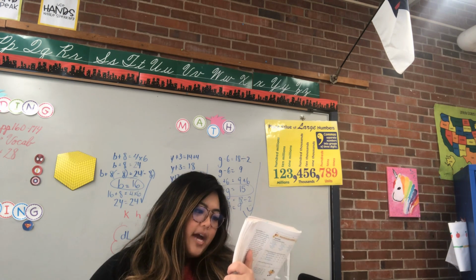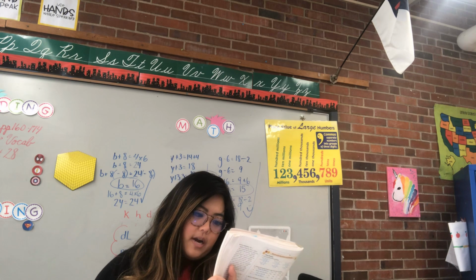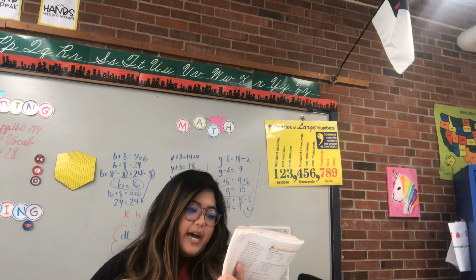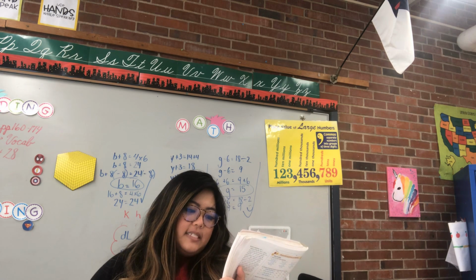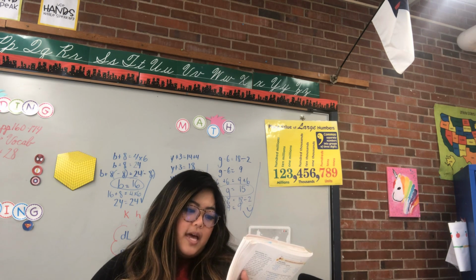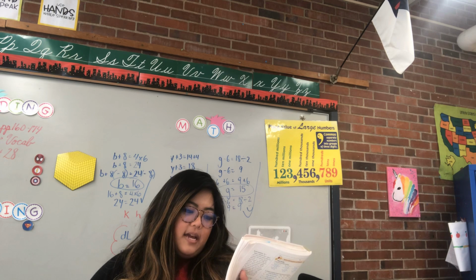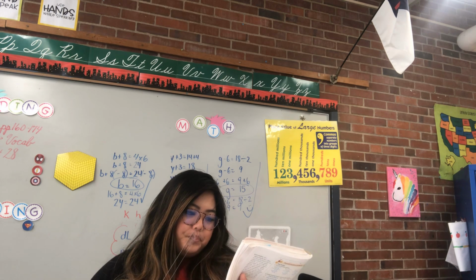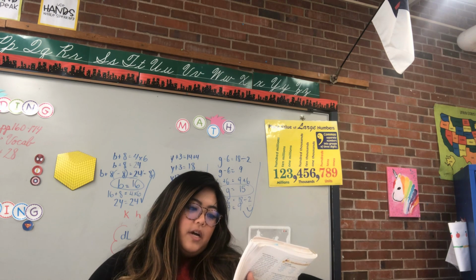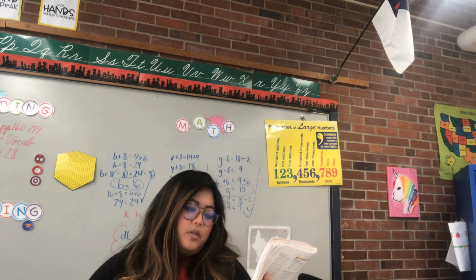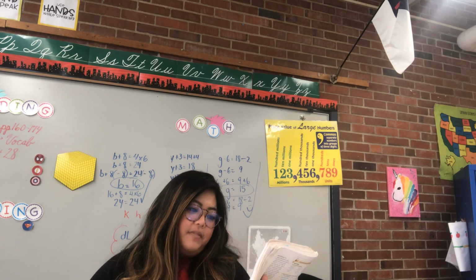Tina's little brother had 25 liters of water in his wading pool and splashed 1/5 of the water out. Tina then added 7 liters of water to the pool. How many liters were then in the wading pool? So, it says her brother had 25 liters in the pool.